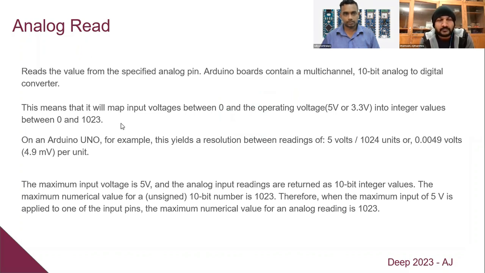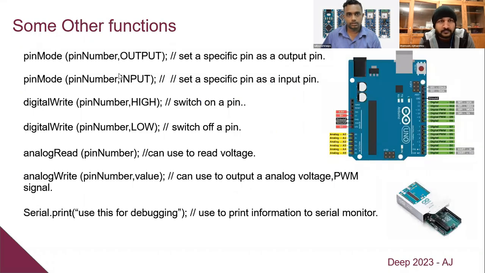So that's about the Arduino analog read function. These are the basic functions that you can use in the Arduino sketch program. Pin mode: when we use this microcontroller, you have to tell it which pin needs to be what.